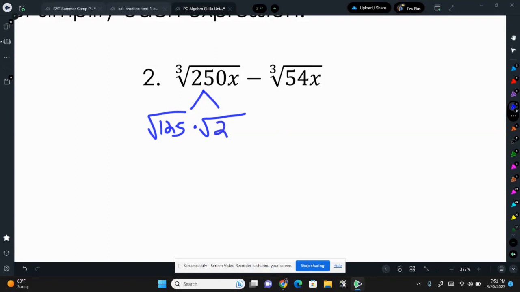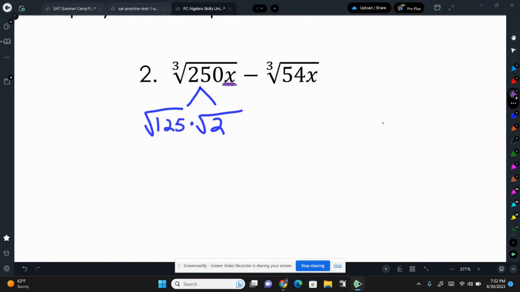Now I say, well, what do we do with this x? Well, we'll talk more about this tomorrow, but you might remember that in order for a variable to get out of the square root or the cube root or whatever radical we are in, your variable needs an exponent that is equal to or bigger than your index.